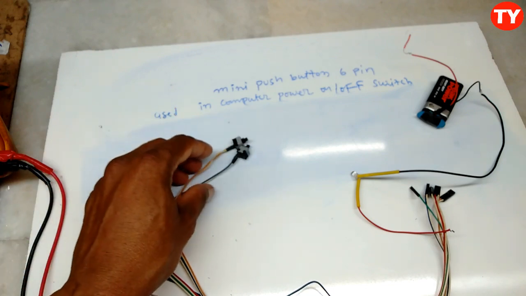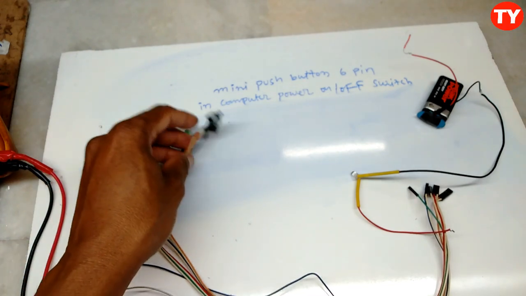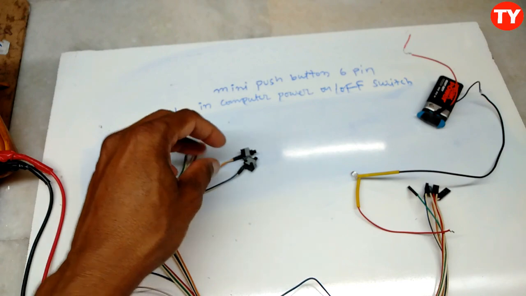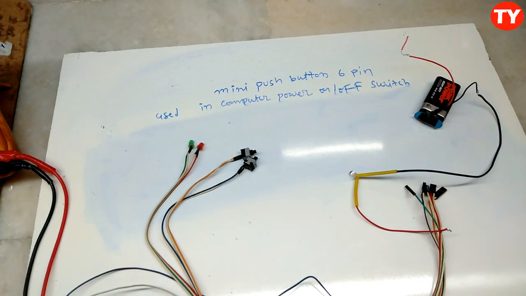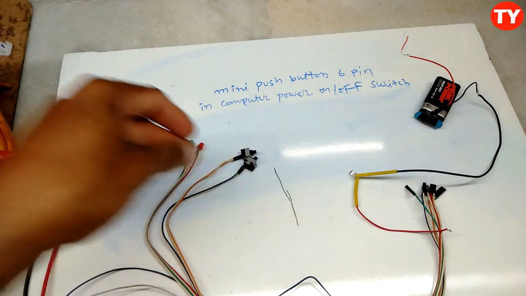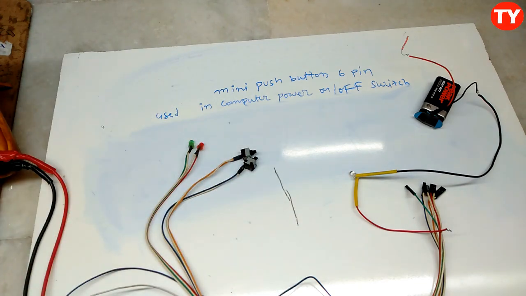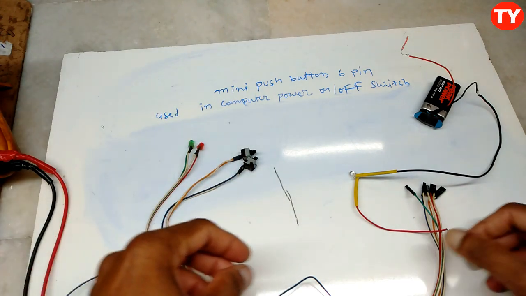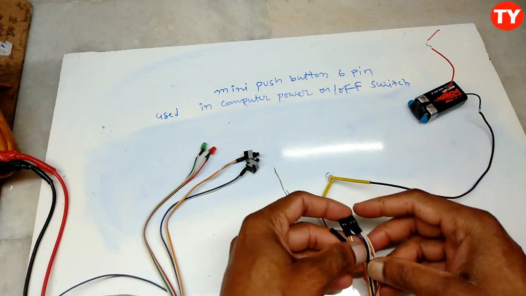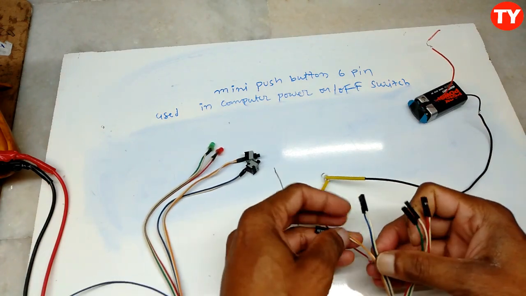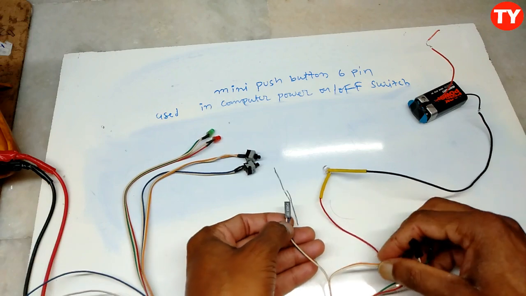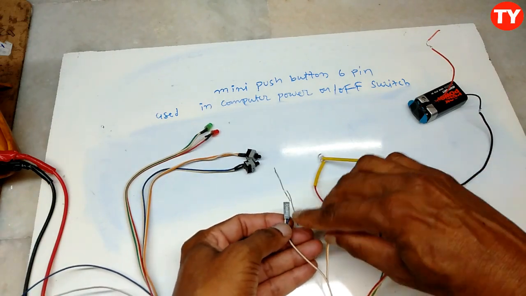For that, now I am checking how to check this power button. We have to take two leads from any wire. I have taken two leads. This one is the power button, the power switch.